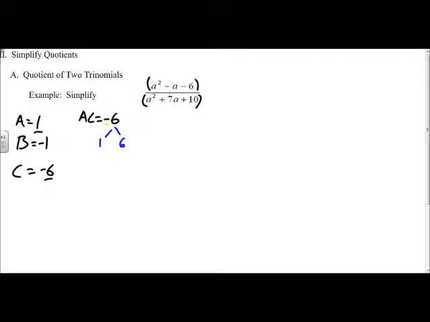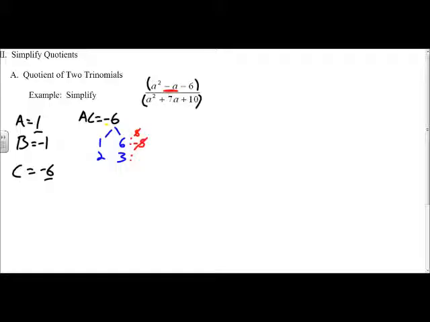So we could have either 1 and 6, or 2 and 3. And we need them to add up to negative 1, because that is our b. If we use 1 and 6, negative 1 and positive 6 would give positive 5, and positive 1 and negative 6 would give negative 5. Neither of those work.